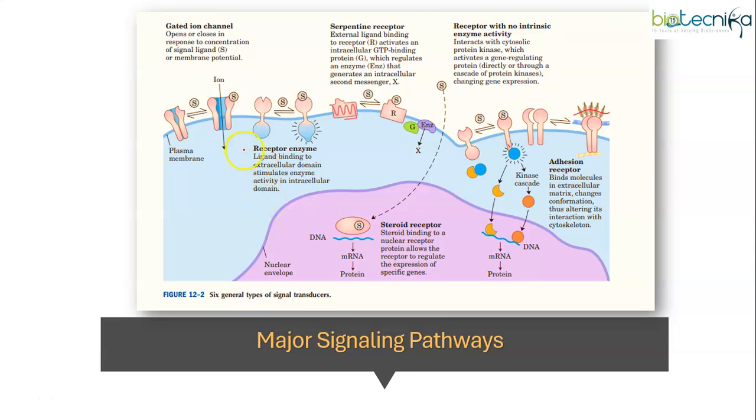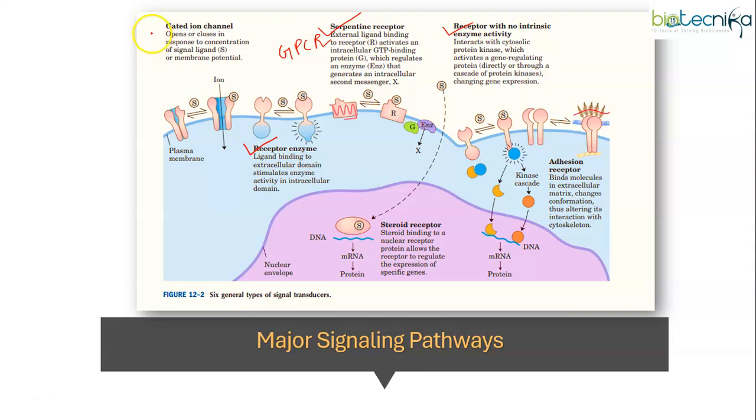That includes receptor enzymes, serpentine receptors, which are commonly known as GPCR, as well as receptors with no intrinsic enzyme activity. We have six signaling pathways in total, but the prime focus will be on these three.